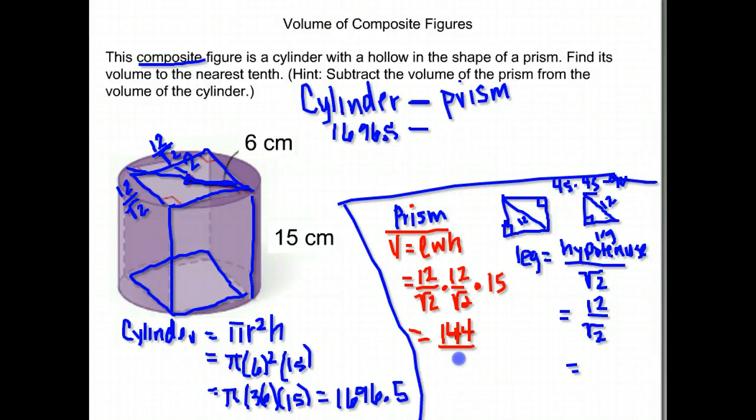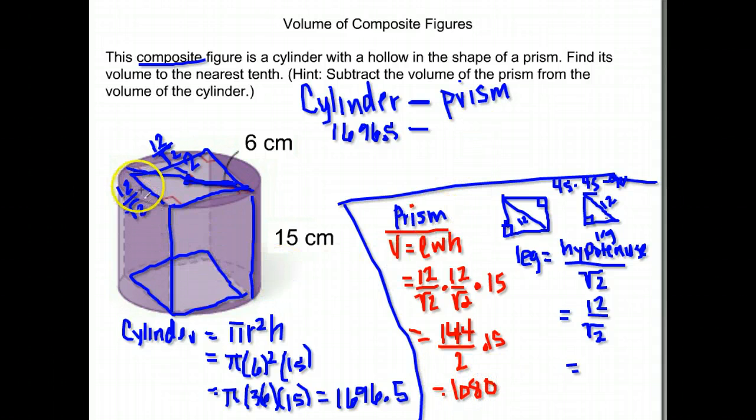You should get 2. But I'm crunched for space. And we want to do that times 15. So 144 divided by 2 times 15. You should get 1080.